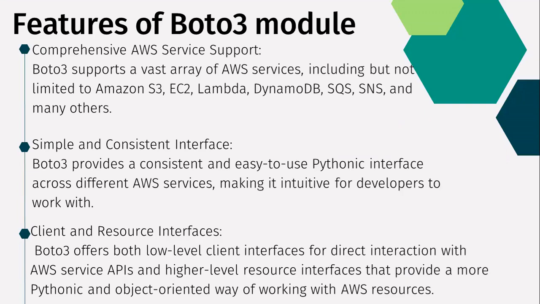To explain it in a simpler way, imagine AWS services like tools in a workshop, and Boto3 is like a magic tool that can connect to and use almost any tool in the workshop. And this was about the first feature.